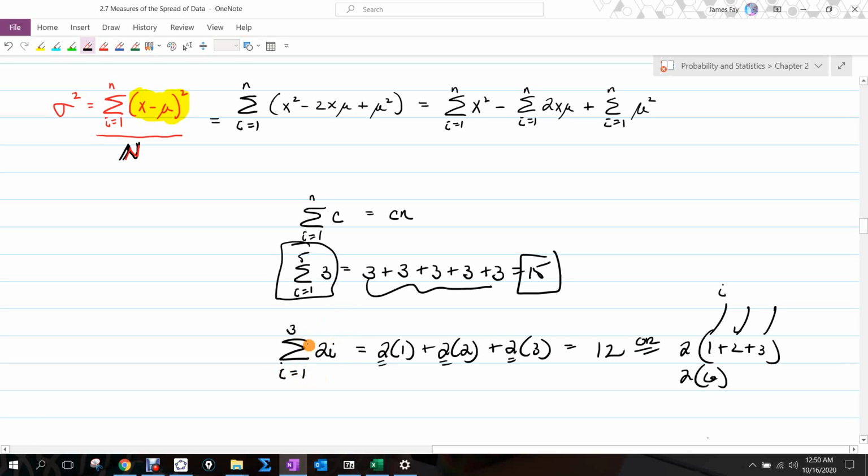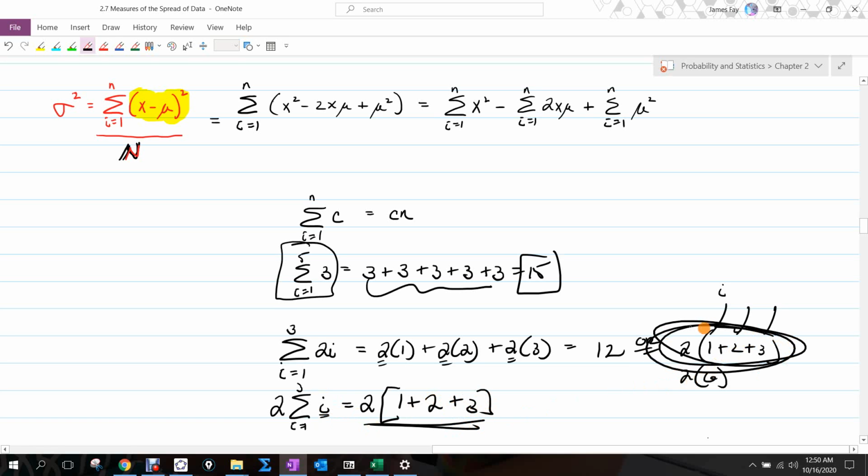So what we can find out here is that I can rewrite this as 2, bringing the 2 out in front, times the sum from i equals 1 to 3 of just i. And what that means is I have 2, and then the sum of i equaling 1, and then the index increases at the next term, i would be 2. So then that rule says we put i down, and then the next one would be 3. And doesn't that match that right there?